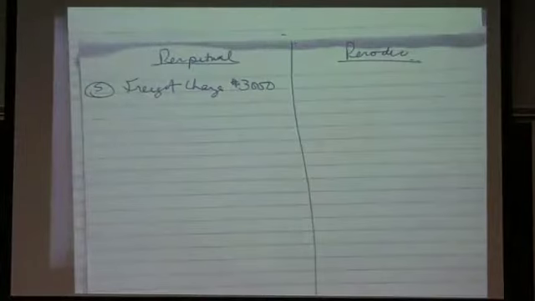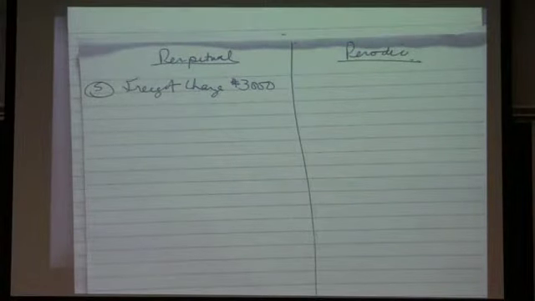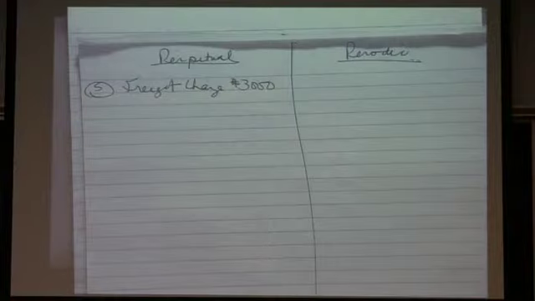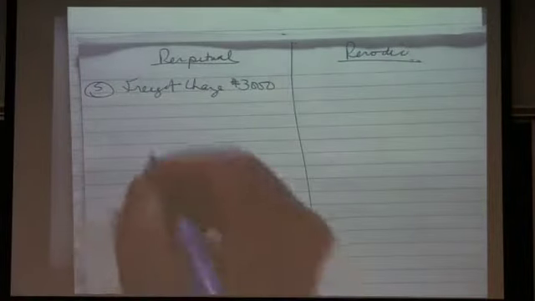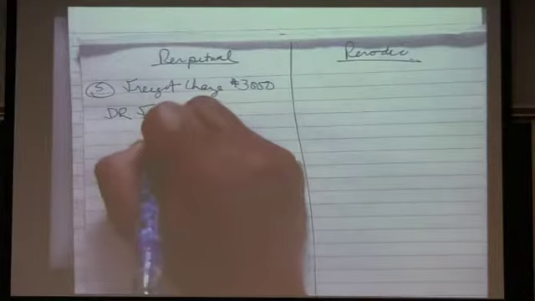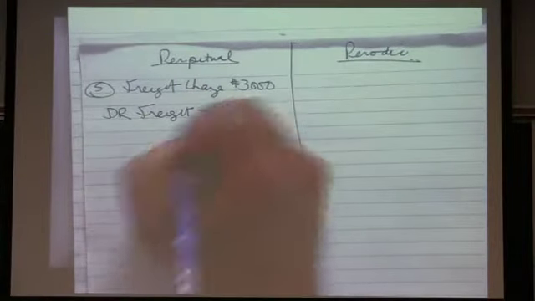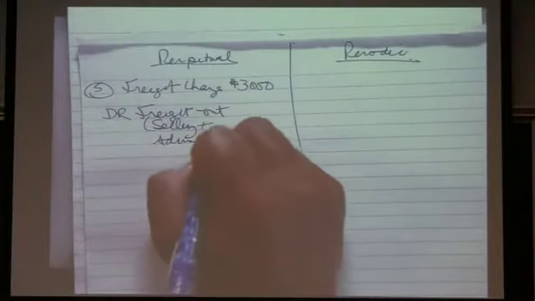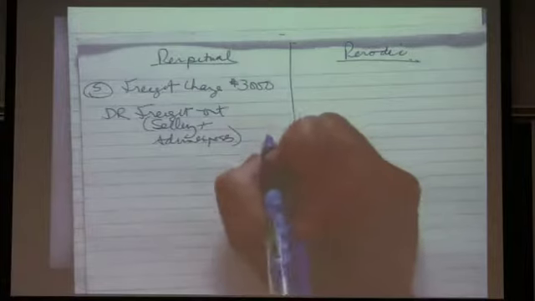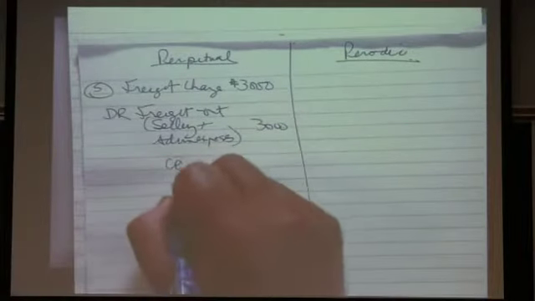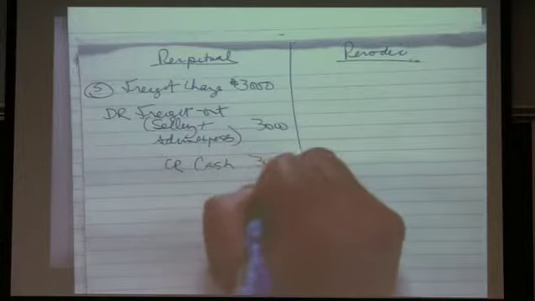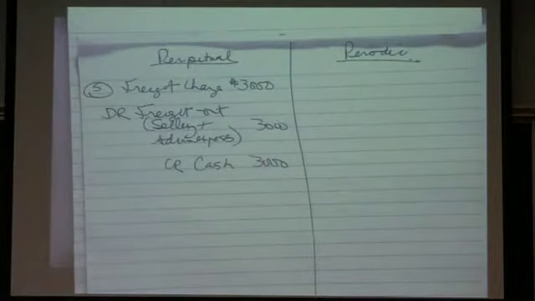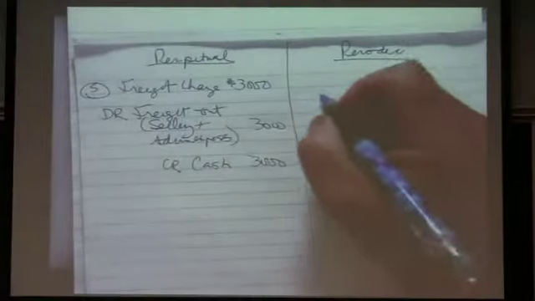Because it's a freight charge, it was freight related to the shipping of those goods to our customer. Because the term was FOB destination, it is the company's expense. So we need to debit freight out. And by the way, this is part of selling and admin expenses, not cost of goods sold. And we're going to credit, in this case, we're going to assume it was paid out, cash. And under perpetual and periodic inventory, it's the same entry as well.